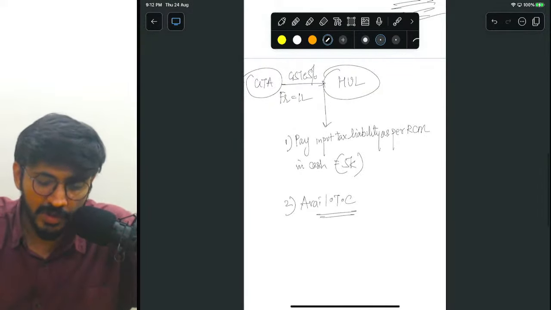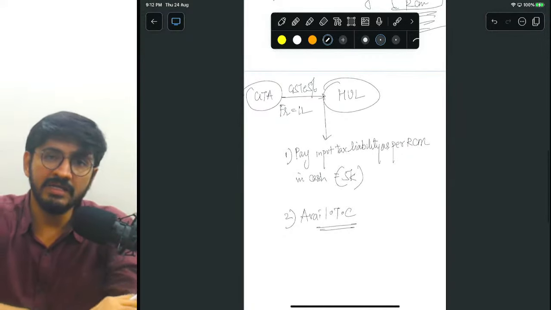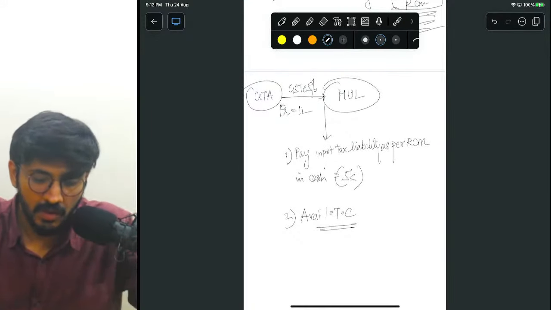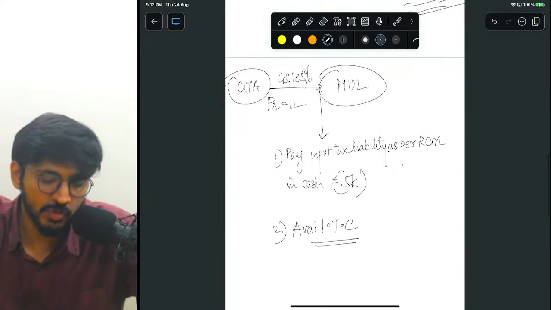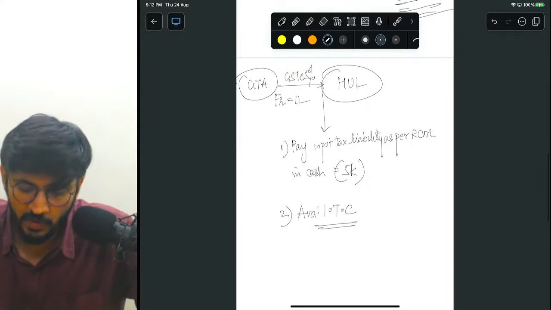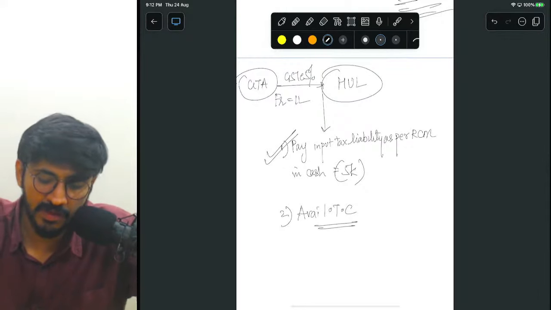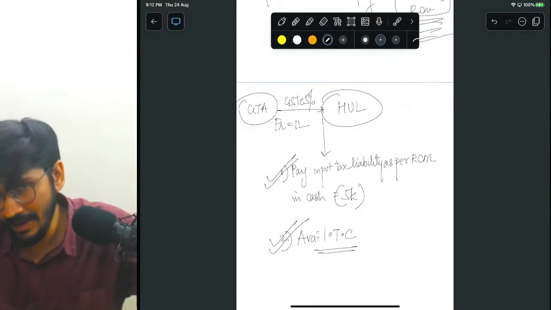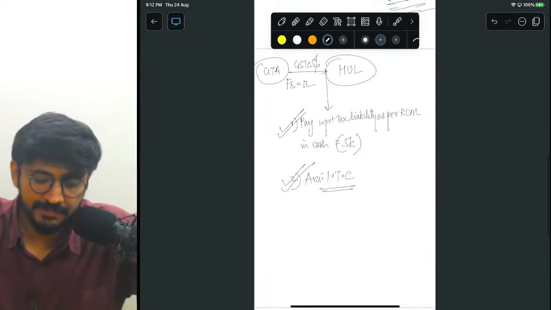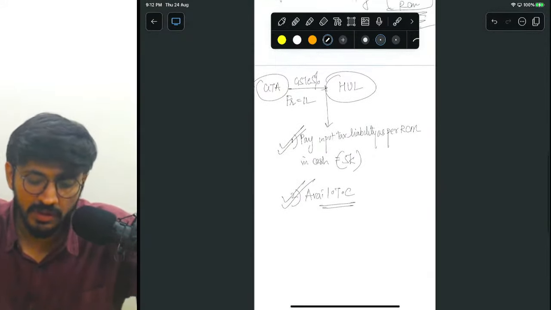And which is why, my dear friends, you can avail ITC for the same. Perfect. So that is one thing that definitely needs to be taken into consideration. First you pay taxes as per RCM and then you avail ITC for the same when it comes to input tax liability as per RCM. So you deal with that in this fashion.